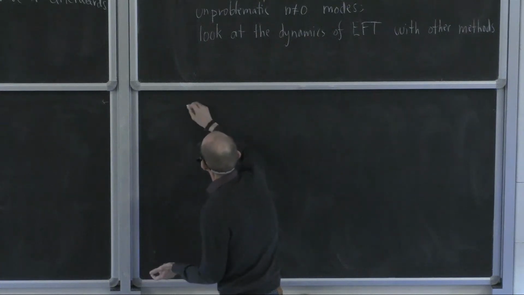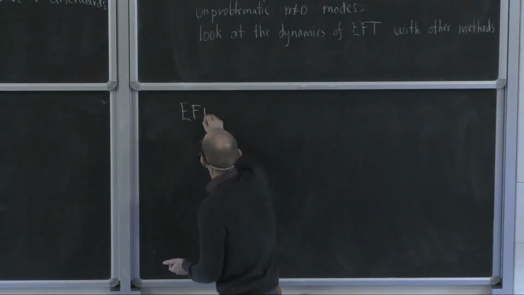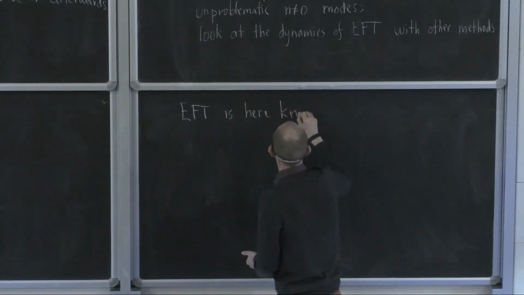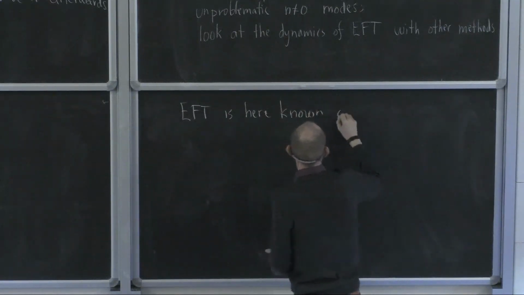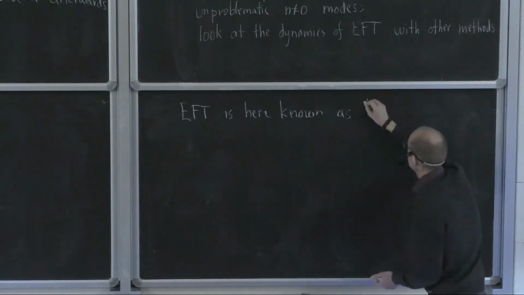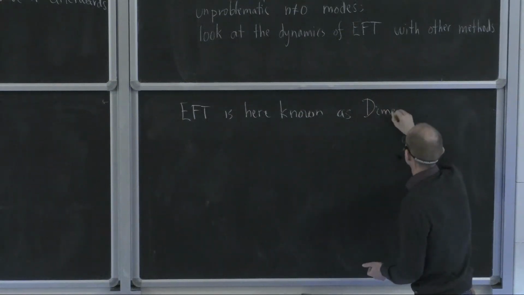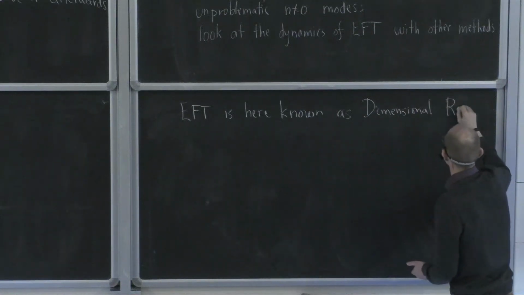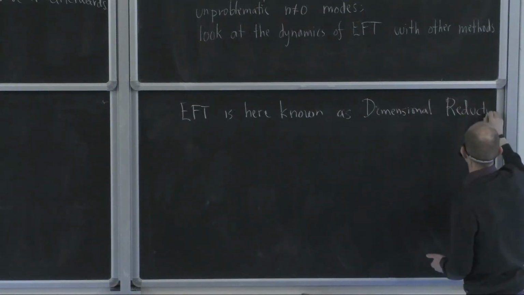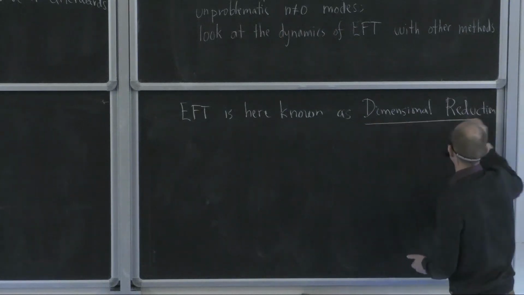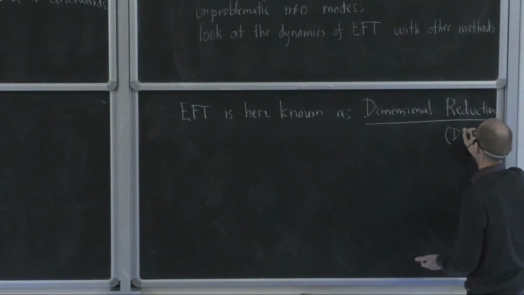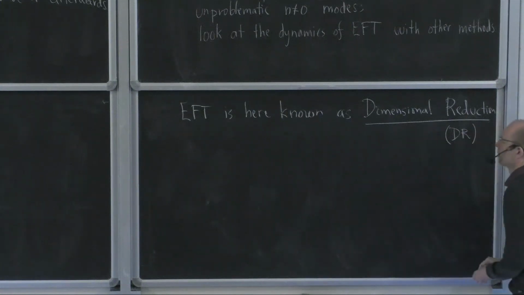And so now in this particular context, this EFT construction has a name. It is known as dimensional reduction, often abbreviated as DR. Why is that?